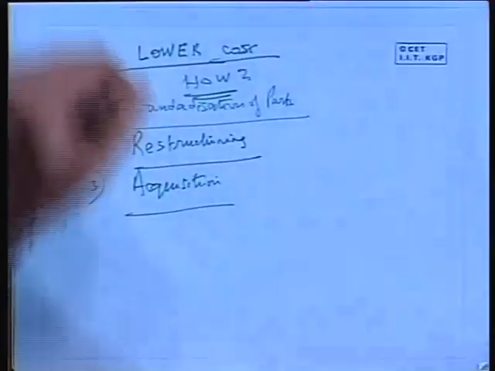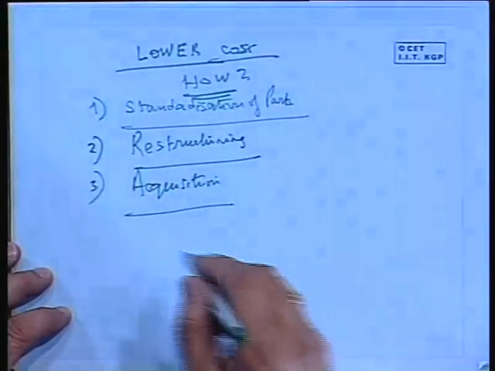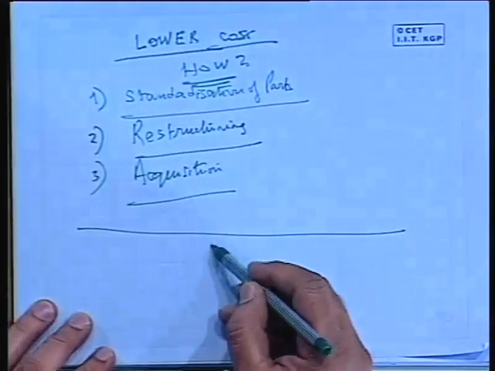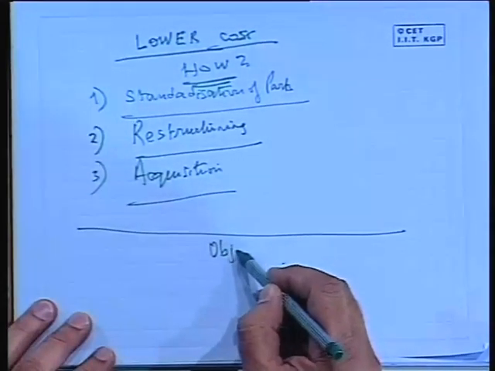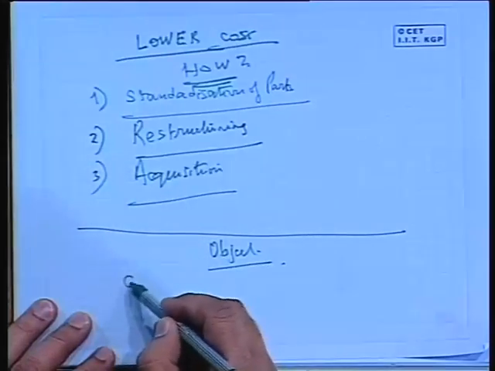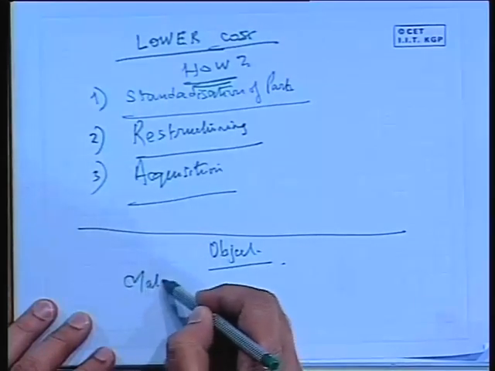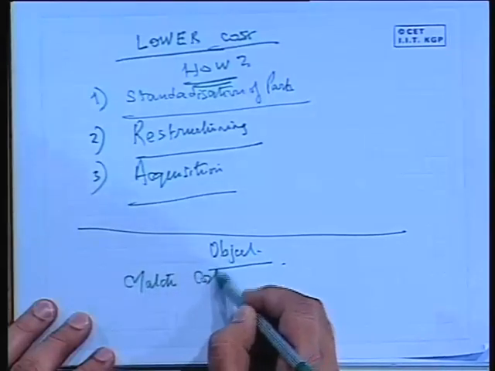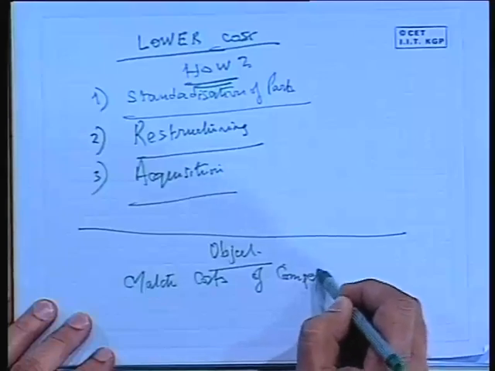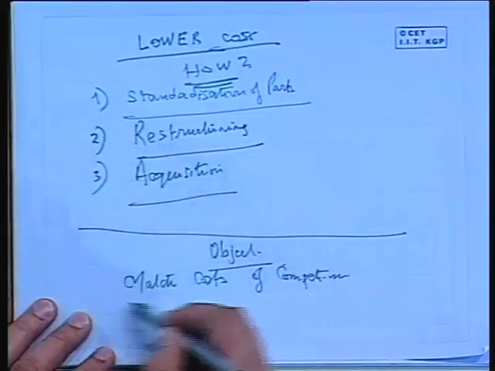Okay. So what did they want to achieve finally? What was the objective of this strategy for Ford? One objective is to match the costs of competitors, at least match, if not lower, right? Second objective: become a global giant.